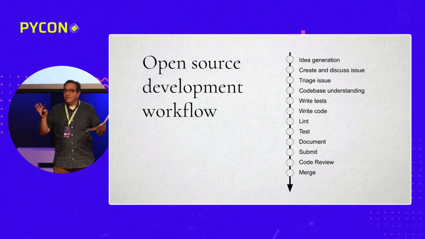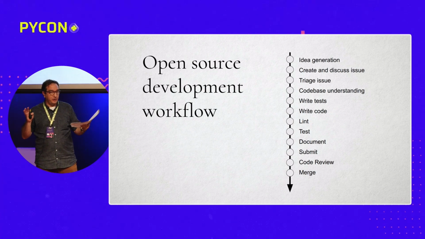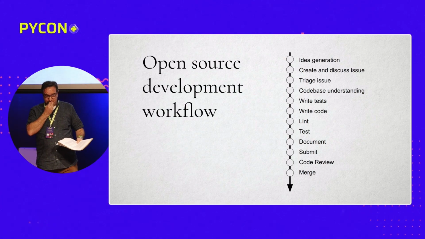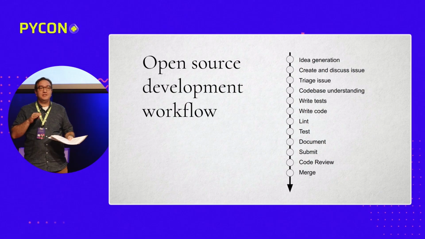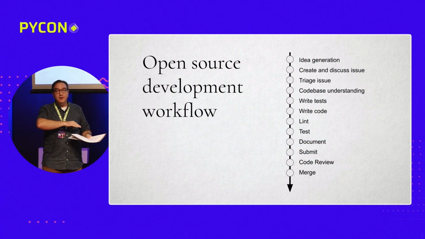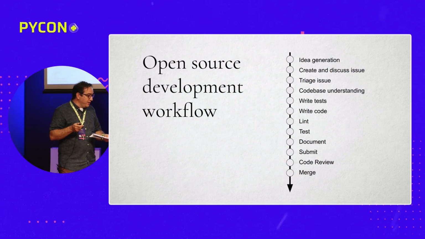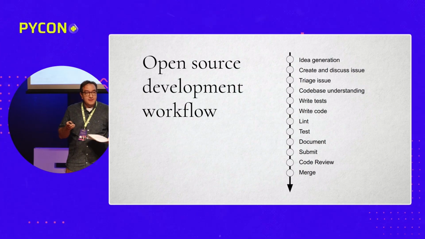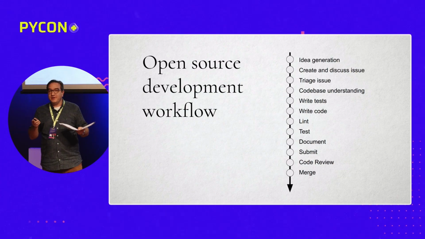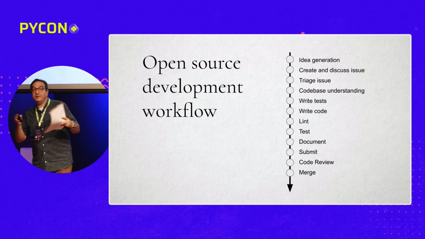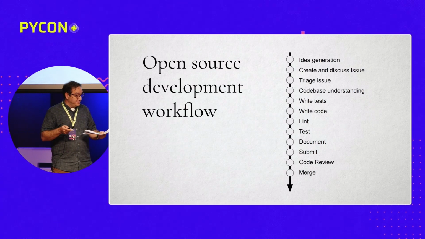But this is the high-level thing that GitHub encourages and is pretty common, right? And you can actually use LLMs to help you with any of these tasks. But the framework I want to present today is that these tasks fall into different categories, and therefore you should be thinking about LLMs differently as you do each of these tasks.